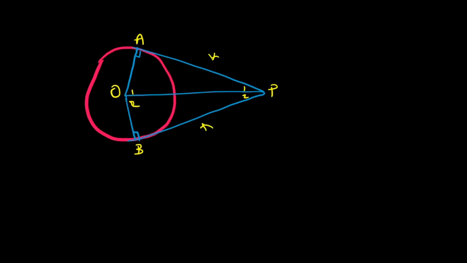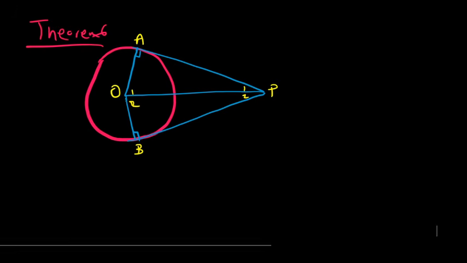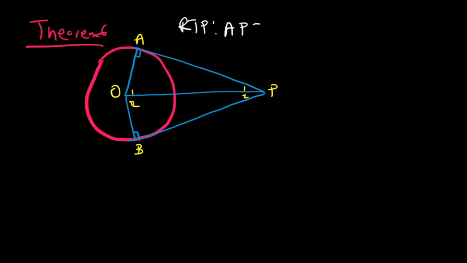So in Theorem VI, we are required to prove that AP is equal to BP. So basically these tangents, you are required to prove that they are equal, right?